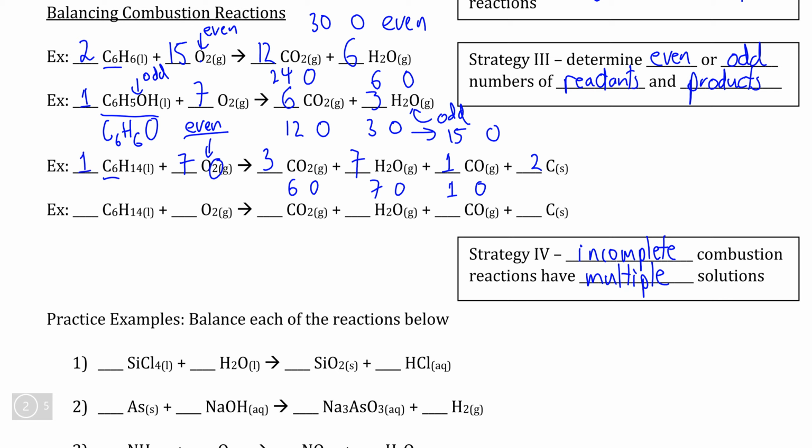So if we add a balancing coefficient of 1 here, we see that this is one way that we could balance our reaction.